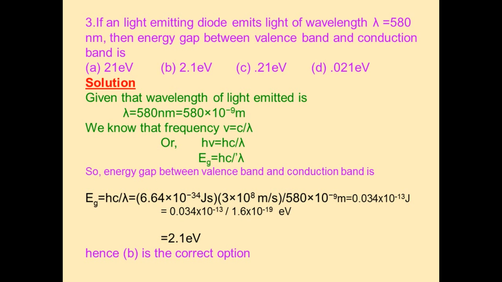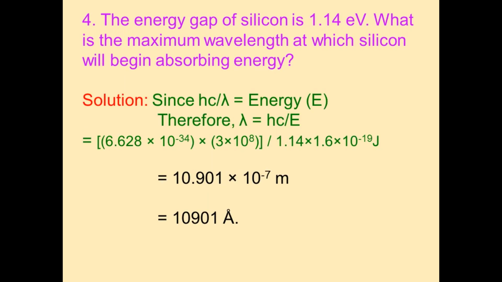Fourth one, the energy gap of silicon is 1.14 electron volt. What is the maximum wavelength at which silicon will begin absorbing energy? Energy E equal to hc by lambda, lambda equal to hc by E, and convert electron volt into joules. 1 electron volt equal to 1.6 into 10 power minus 19 joules.